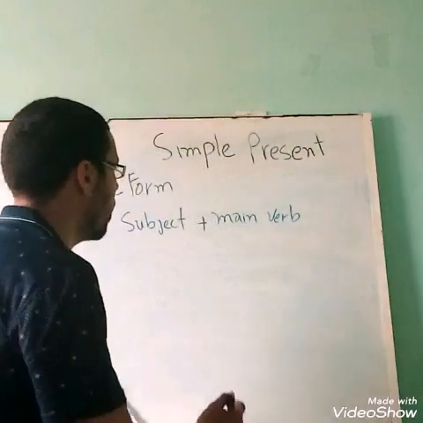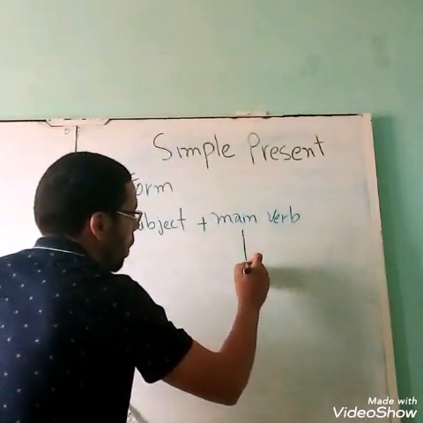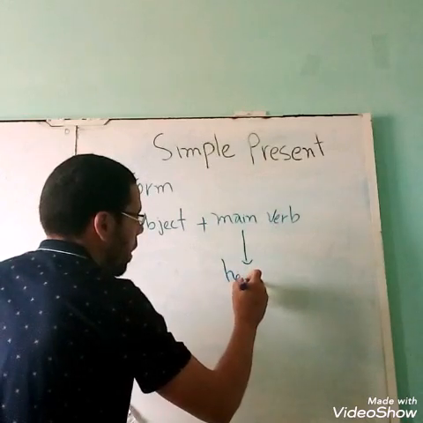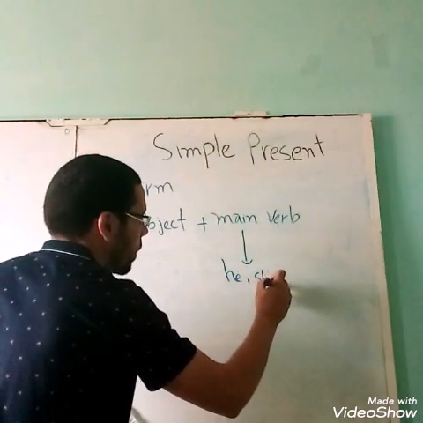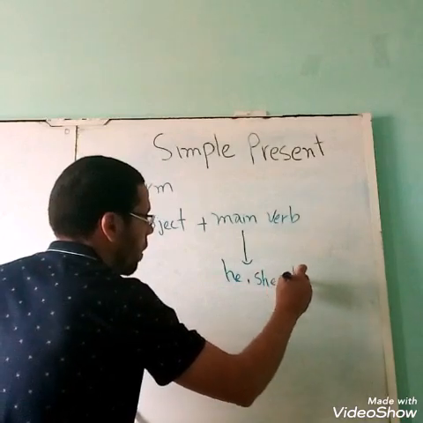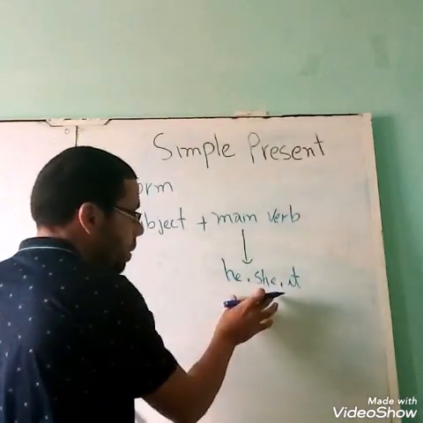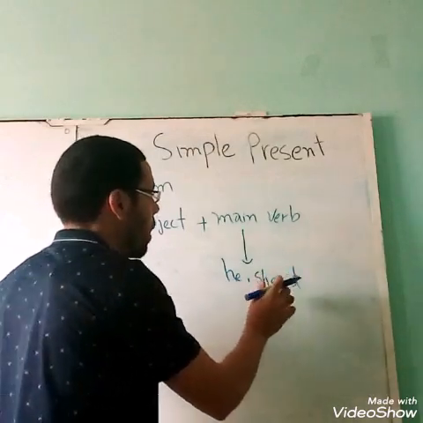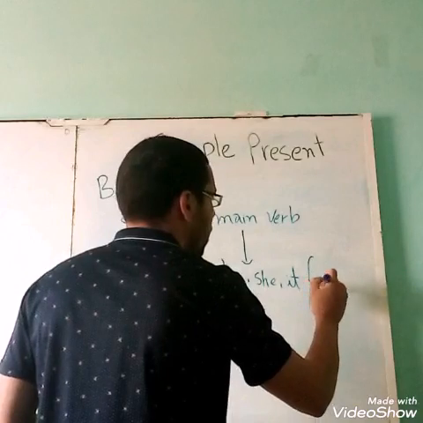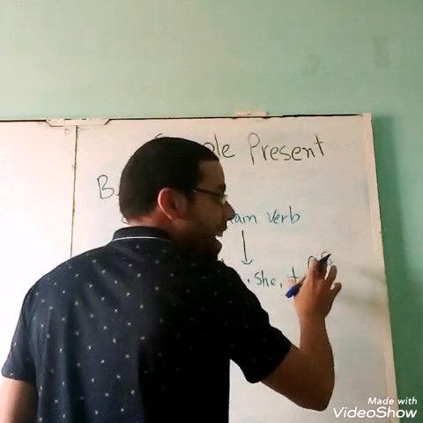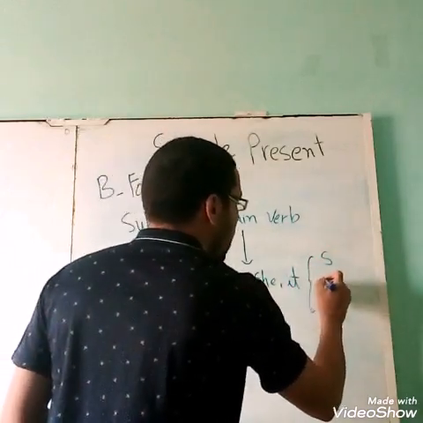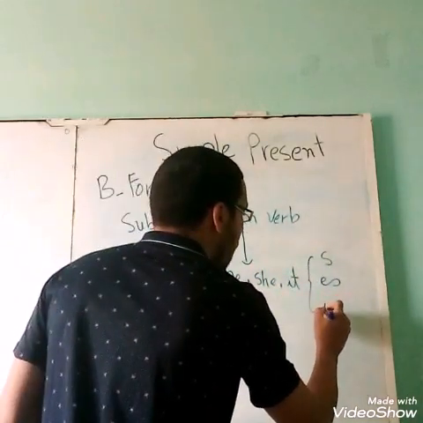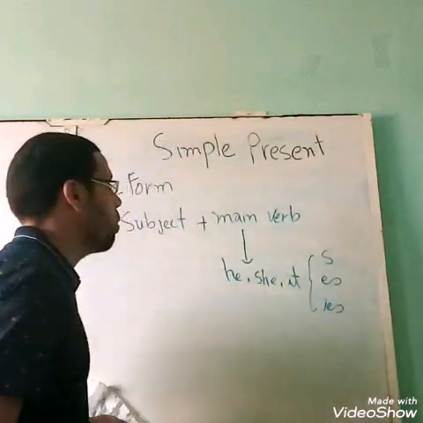We can add here, concerning the main verb, he, she, and it. With these personal pronouns, we add either s to the end of the verb, or es to the end of the verb, or ies at the end of the verb.